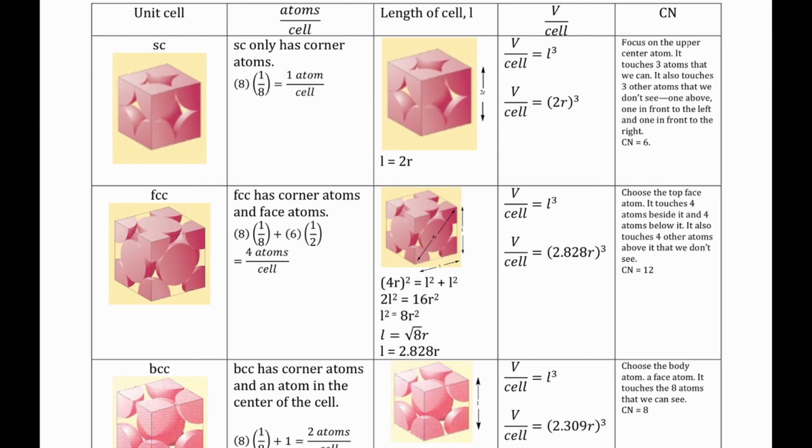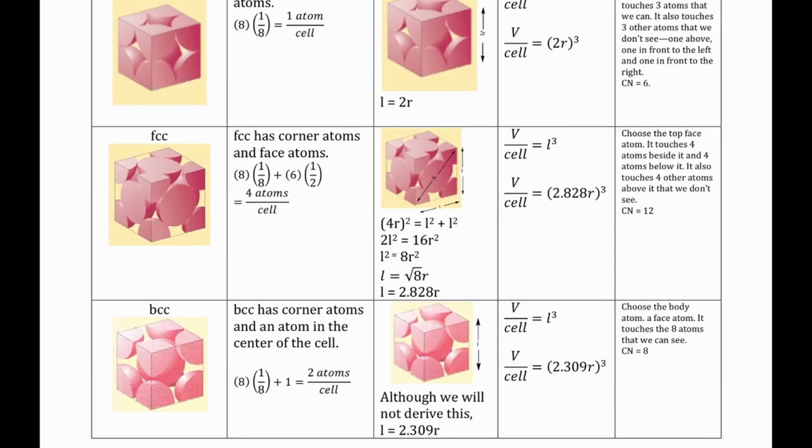So we have 8 times an 8th. For simple cubic, we always have 1 atom per cell. For face-centered, we calculated the 4 atoms per cell above. Body-centered has corner atoms and an atom in the center of the cell. So it has 8 times an 8th plus 1, or 2 atoms per cell.